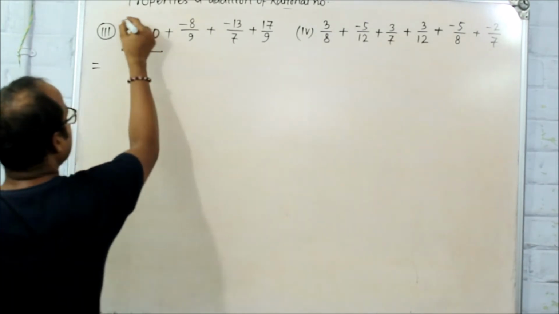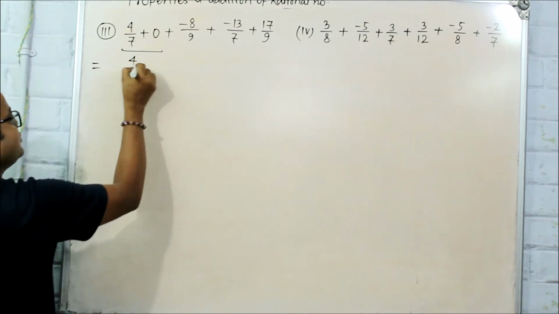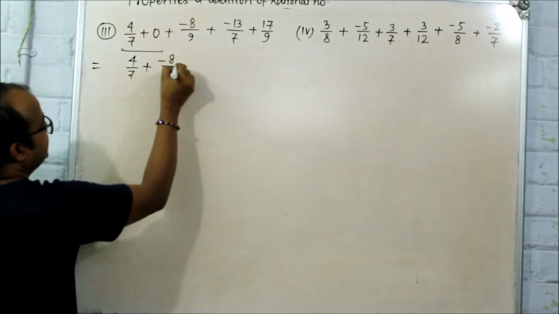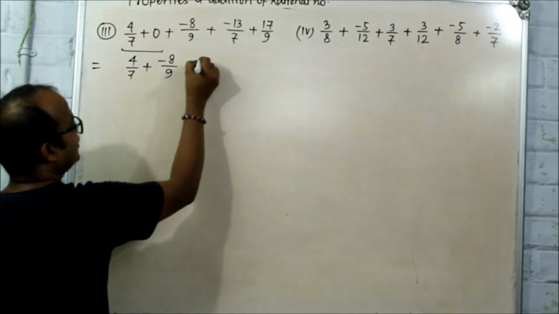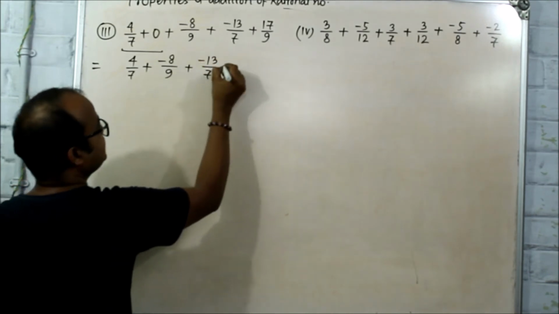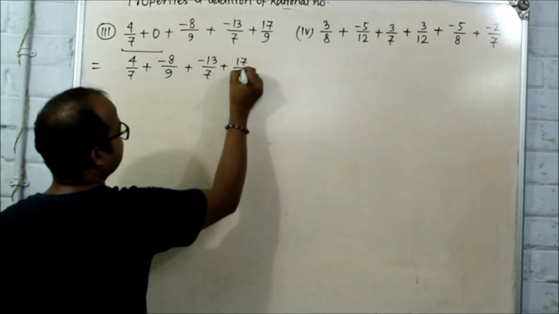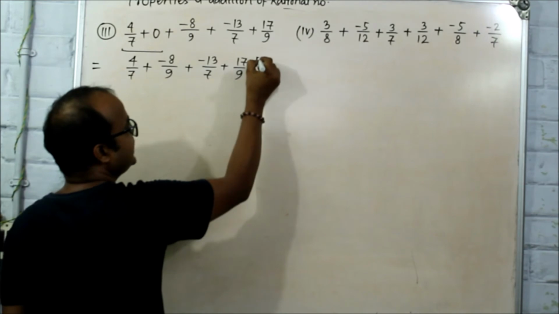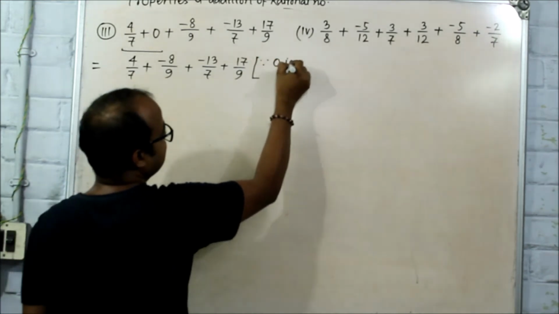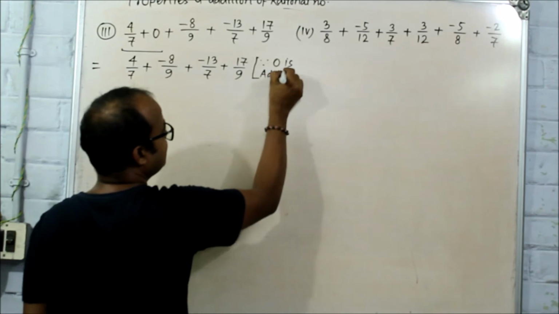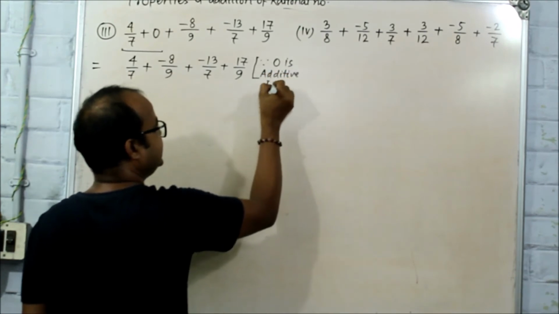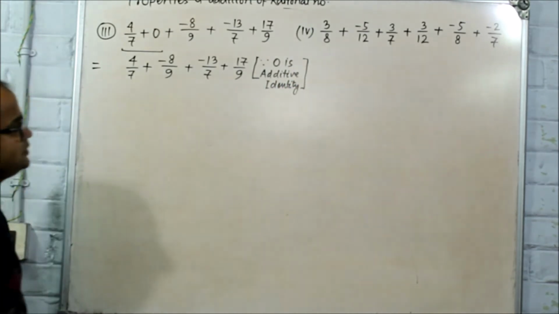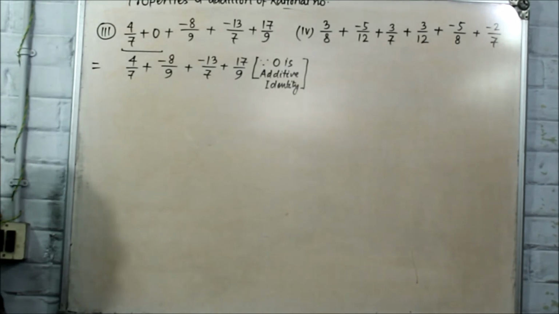So we can write 4 by 7 plus 0 is equal to 4 by 7 plus of minus 8 by 9 plus of minus 13 by 7 plus of 17 by 9. Clear? Here you need to write the reason. Since 0 is additive identity, clear?